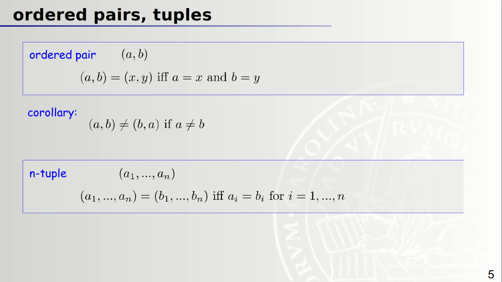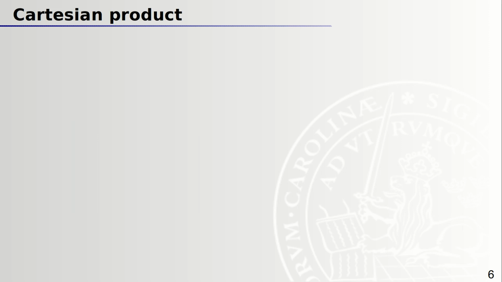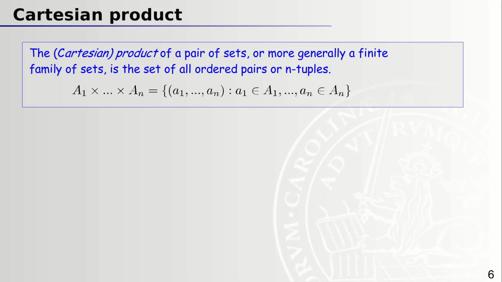This easily generalizes to things with more than two components, which we call tuples or n-tuples, to emphasize the number of components they have. Pairs then would be a special case of 2-tuples. A Cartesian product is a set of such tuples.